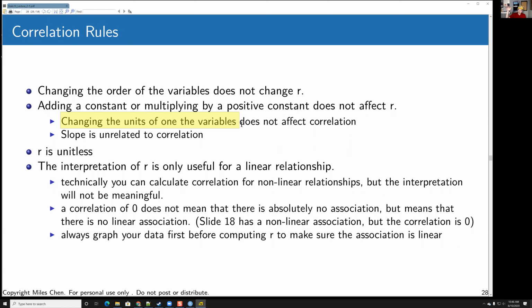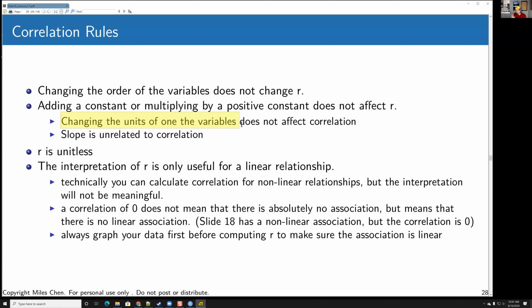So if you measure someone's height in inches, some person is 70 inches, some person is 60 inches, and you ask what's the correlation between height in inches and weight, maybe you get a correlation of 0.72. Then if you convert all of the height measurements from inches into centimeters, even if you leave the weights as pounds, and you calculate the correlation, it's not going to be affected.